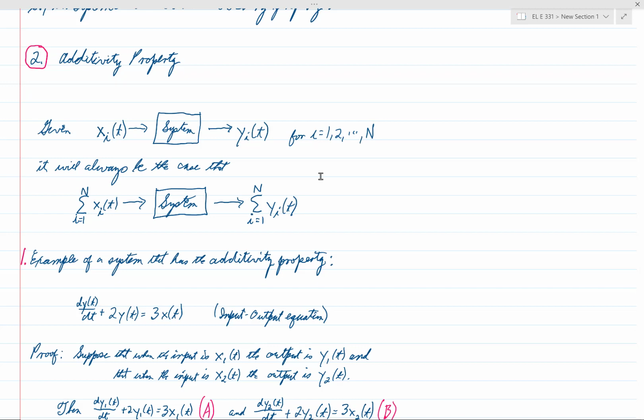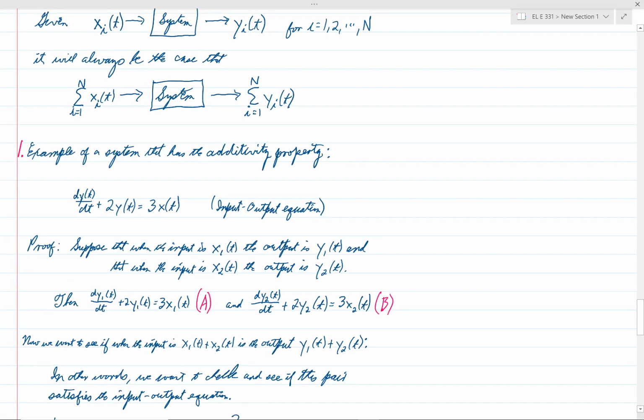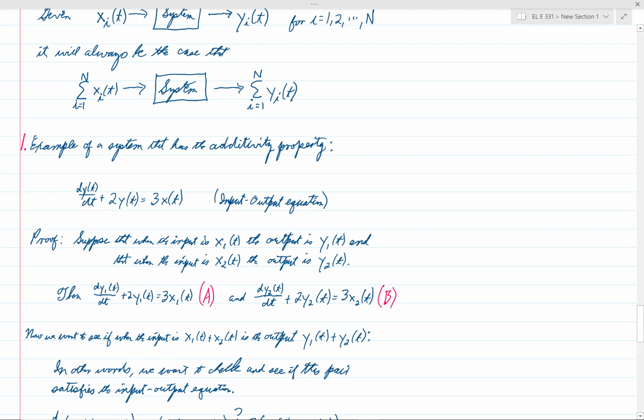So, again, just like we did with the scaling property, we will look at one example of a system that has the additivity property and one that does not. And in fact, it turns out we can look at the very same examples that we did with the scaling property. So again, here we go back to the original system that we looked at with the scaling property.